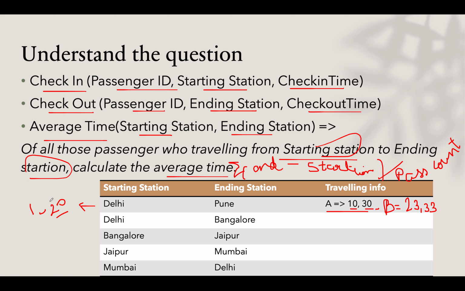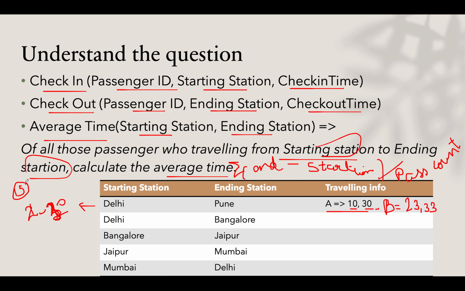So we will add it to the total travel time, so this becomes 30. And the number of persons who actually traveled increases by 1, so this becomes 2. Now if somebody asks what is the average travel time from Delhi till Pune, it would be 15.